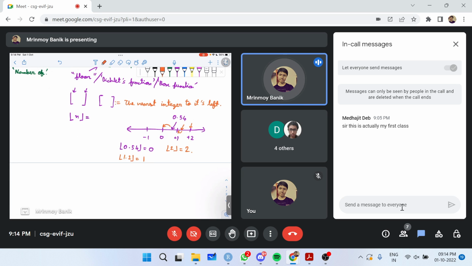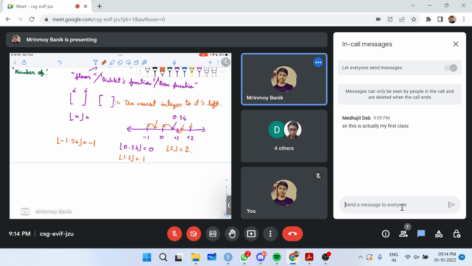And what if you have a negative number like -1.54? So it's somewhere here. What's the integer to the left of it? -1, right? So it's -1.